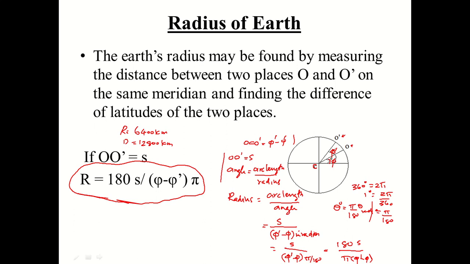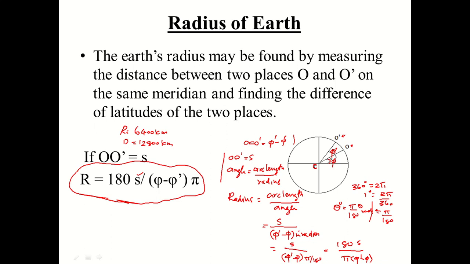Here S represents the distance between two places which lie on the same meridian, and phi and phi prime are the latitudes of those points respectively. So r is equal to 180 into S divided by pi into (phi prime minus phi), which will give you the radius of the earth.